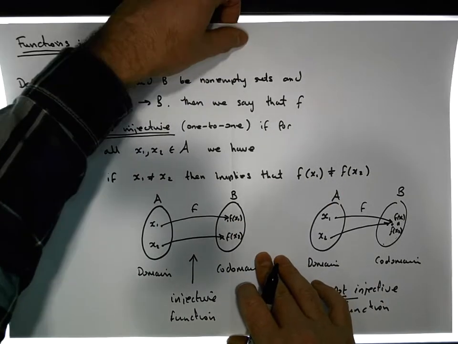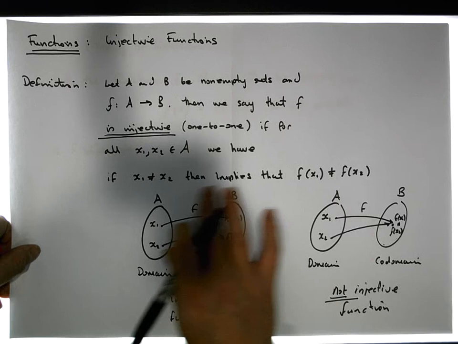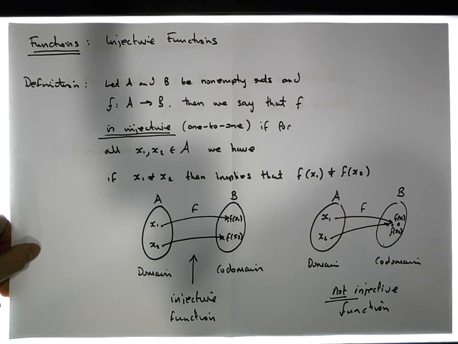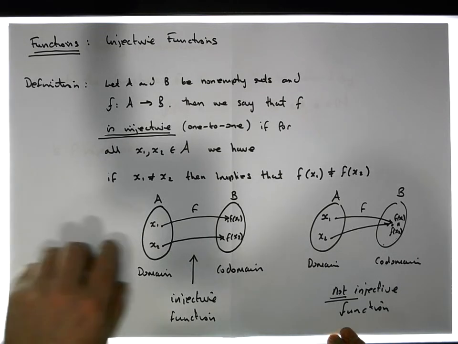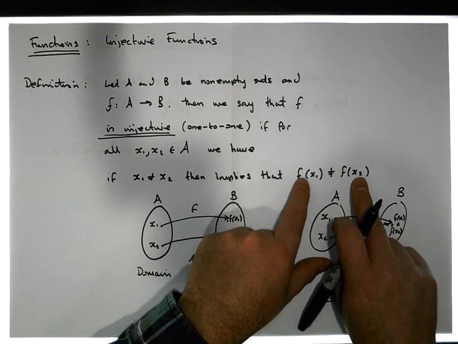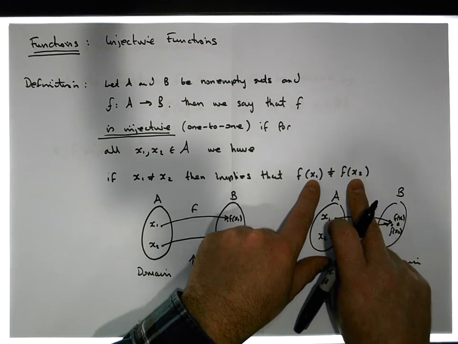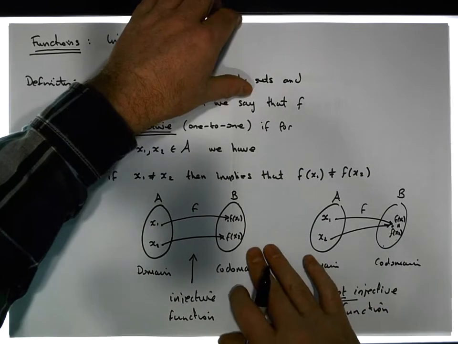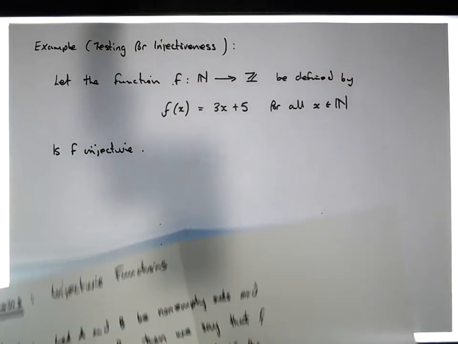An alternative definition of an injective function would be that if f of x1 is equal to f of x2, then that should imply that x1 is equal to x2. It's probably a little bit better to try it that way.